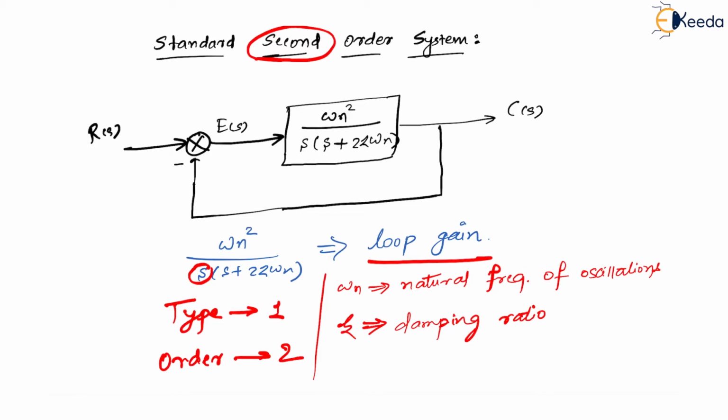Okay. Now basically what happens is, whenever we speak about second order system, then we can have the poles to be complex conjugate or not. Poles can be complex conjugate, correct? Yes.